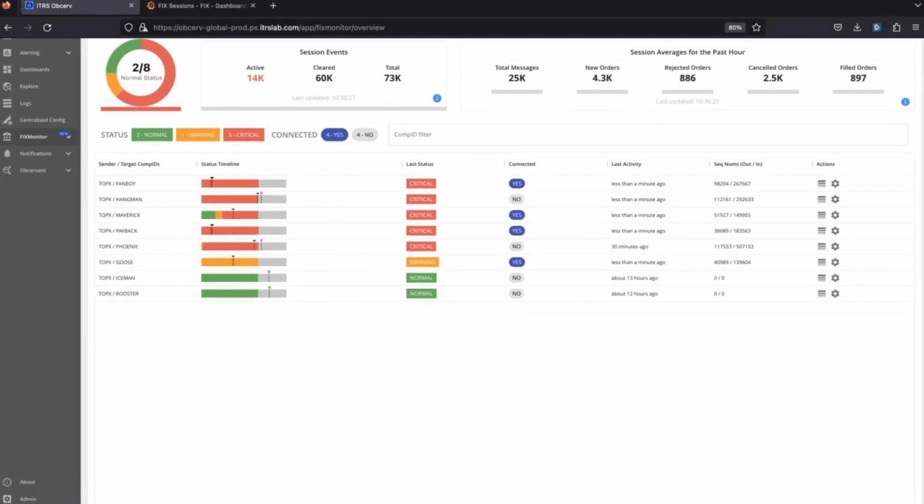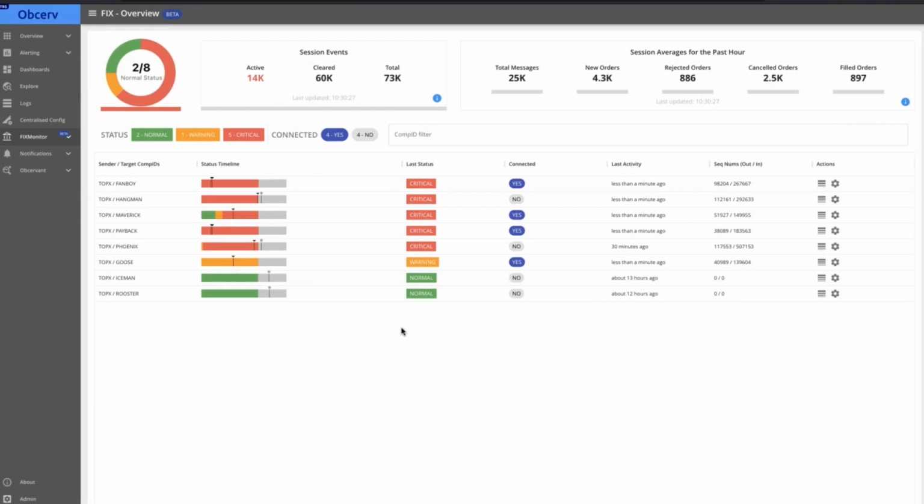So, as Lockie said, for those people who know Genios and may have used Genios historically, one of the key USPs is that real-time monitoring. How does that all work?